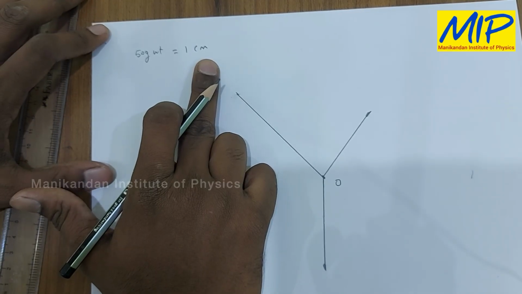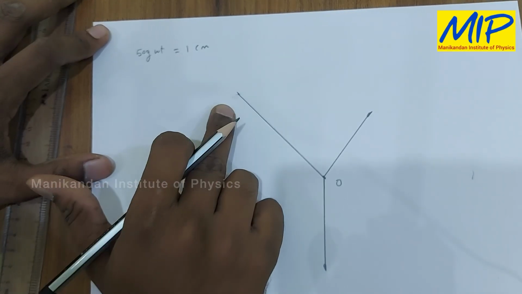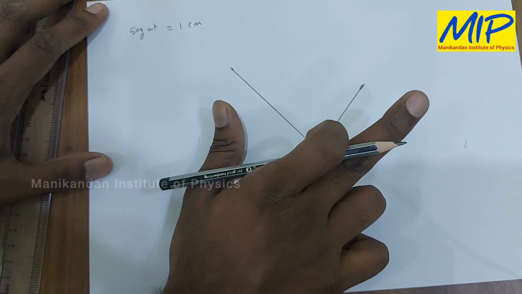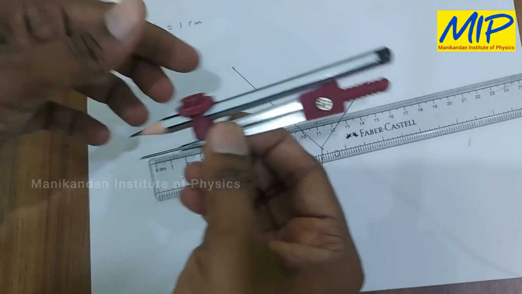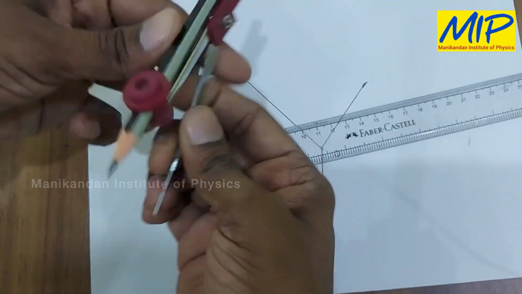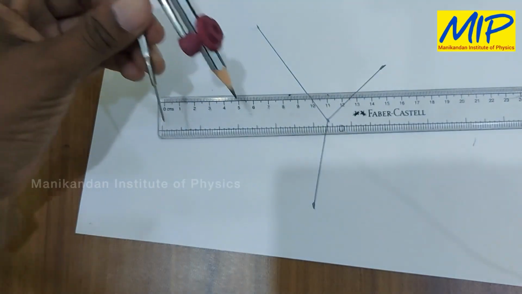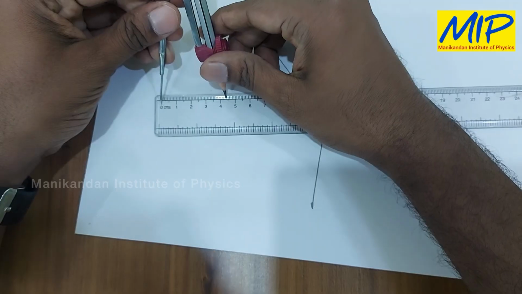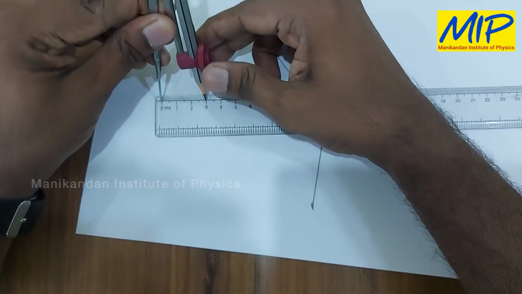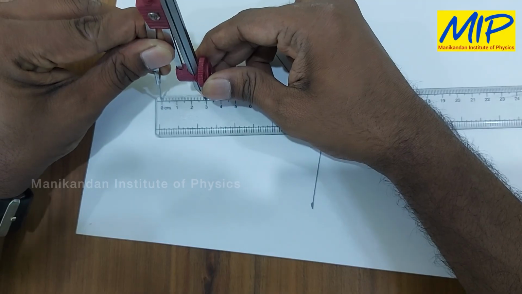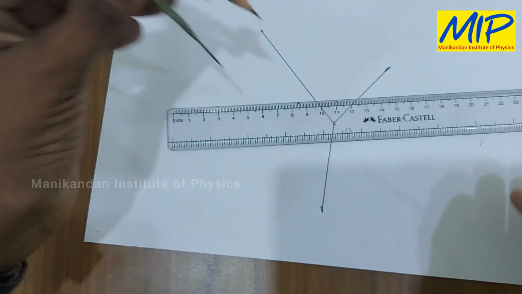In this case we used 3 weights in my P and 3 weights in my Q. So we are going to take 3 centimeters. So we need a compass here. So we are going to take it here. So 0 to 3.